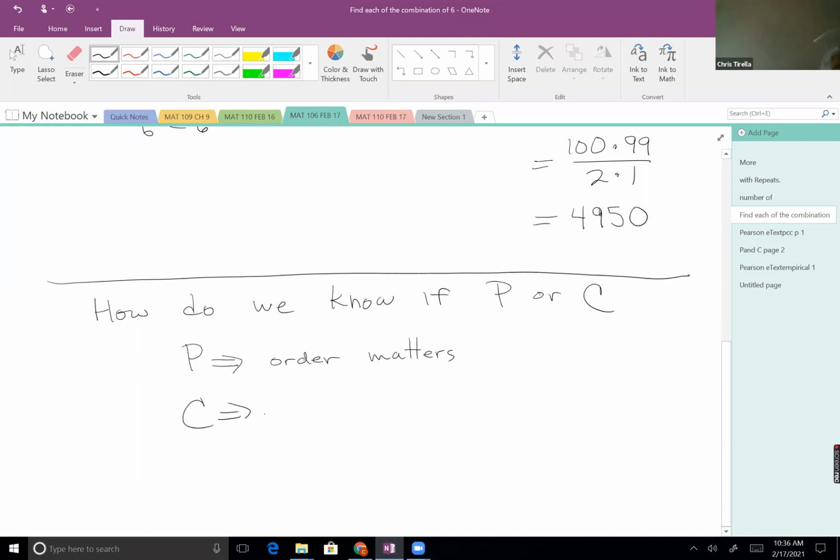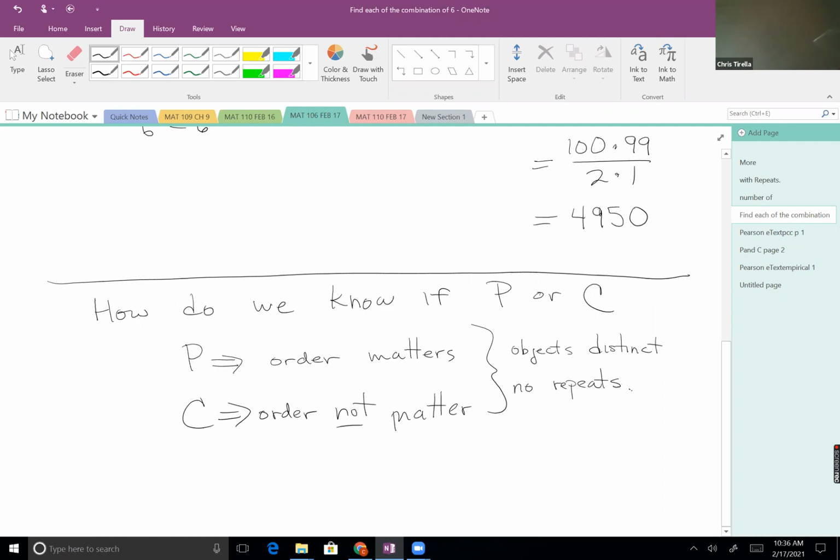C, order does not matter. And with each of them, the objects have to be distinct, different, and there's no repeating.